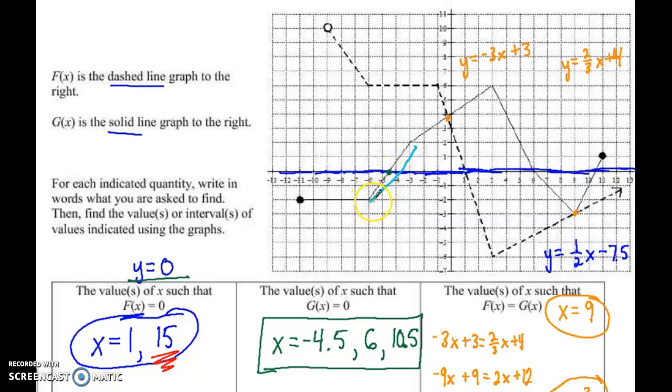And again, some teachers might argue with you on what the correct answer is, but I would say to the left is increasing and to the right is increasing. So I would just go ahead and include all of these values from -6 until I get to 3.